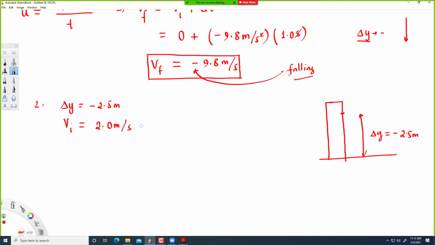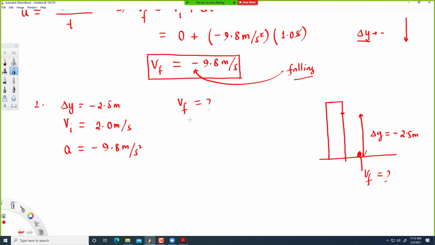And then we need to find the final velocity, how fast it would be moving just before hitting the ground. Okay, here, what is the final velocity? And one more thing we know here, that is acceleration. Acceleration is always 9.8 meters per second squared. So we have 3 formulas.